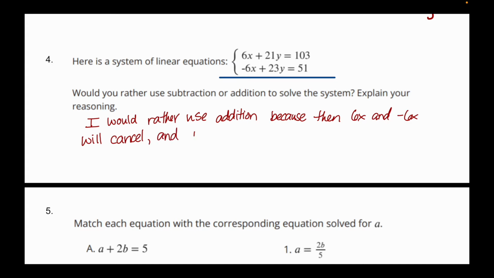And I can solve for y. Now, there might be a more mathematical way of saying that, but I feel like this is the conversational way we refer to it. I'd rather use addition because then those two are going to cancel out and I get to solve for y.